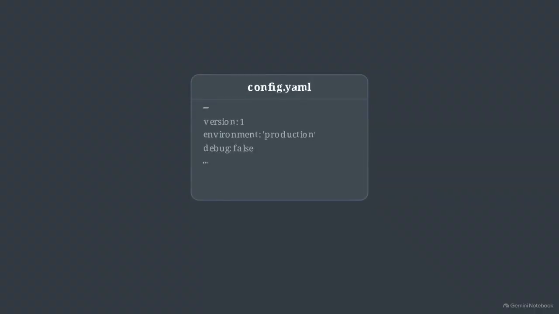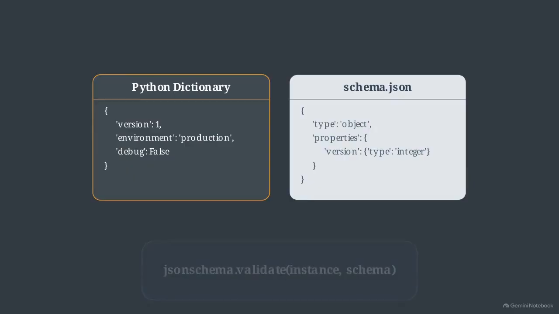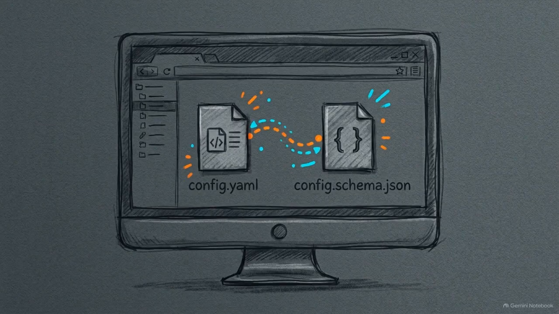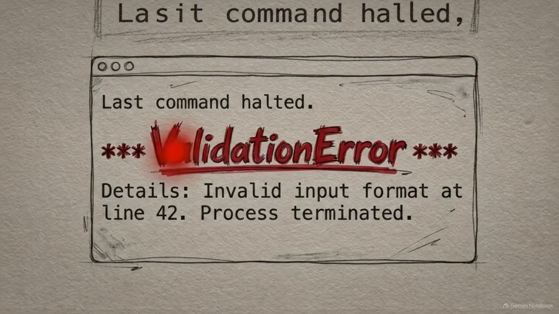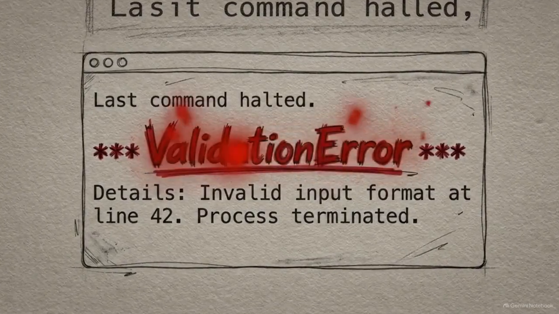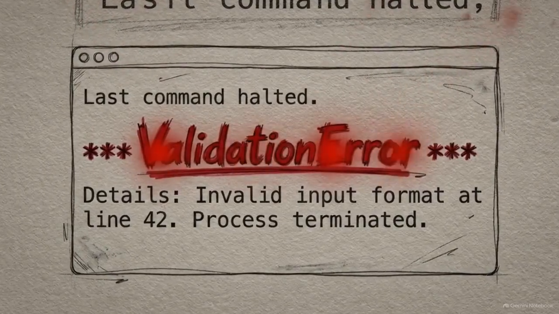Because JSON Schema is designed to validate that exact kind of dictionary-like structure, you can pass that loaded YAML data directly into the JSON Schema validate function. This does require you to manage and maintain a separate JSON Schema file alongside your configuration, simply to check the YAML contents. Despite that overhead, it gives you a rigorous, language-independent safety net, catching errors in your configuration files before they ever touch your application logic.